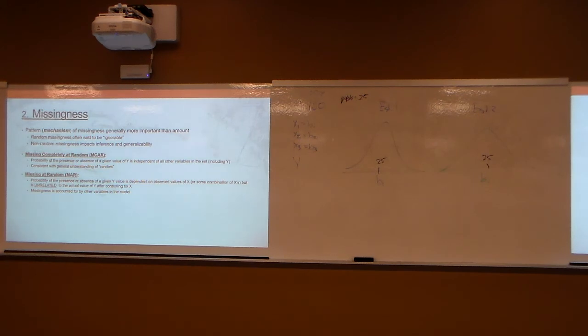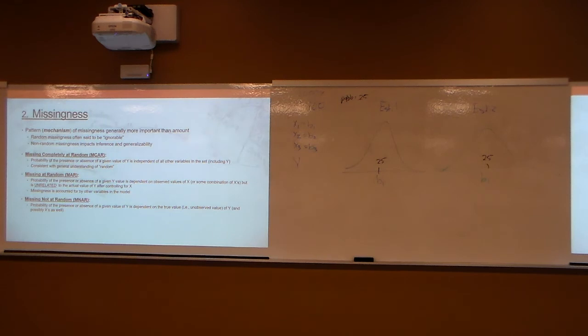Those data aren't missing completely at random. They're systematic missingness, but it's missing at random, because as long as I have people's BMI, I know why these last ones are missing. And so within the context of an SEM or something like that, we would still call that ignorable missingness, because I know why those values are missing, and the variables that I do have in the model are accounting for that.